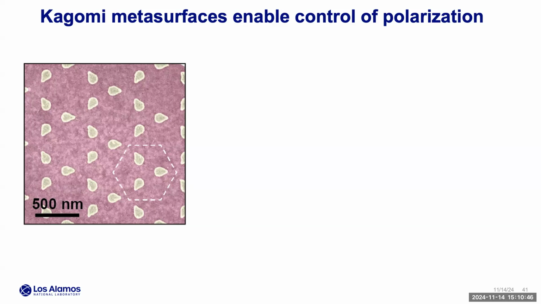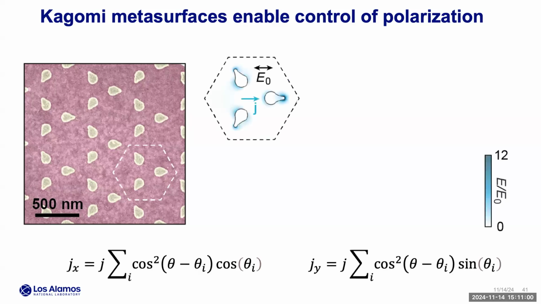And so what we did to demonstrate this was design and fabricate a Kagome metasurface, which is shown here. As you change the electric field, the excitation field is black in these figures, and the direction of the current is blue.